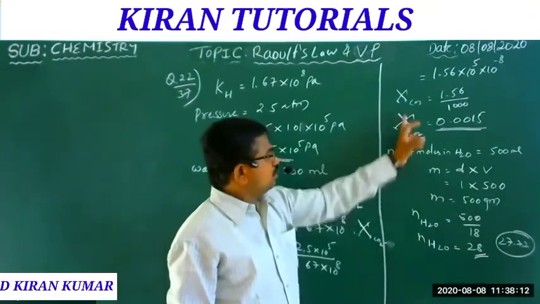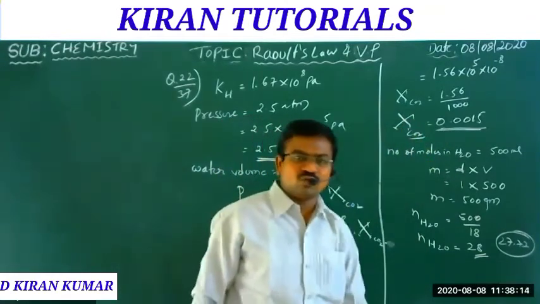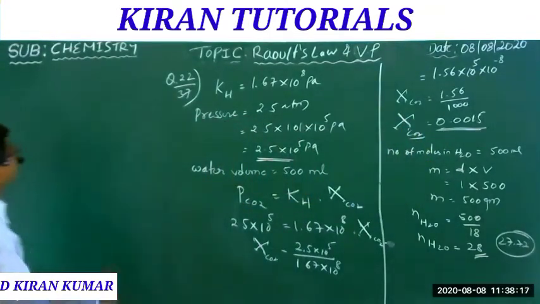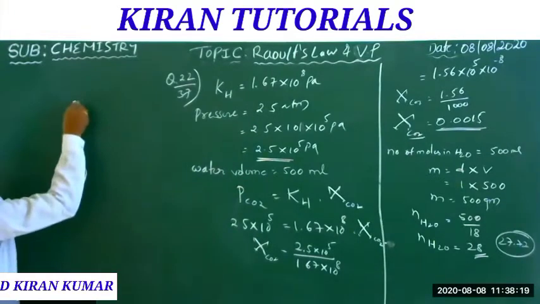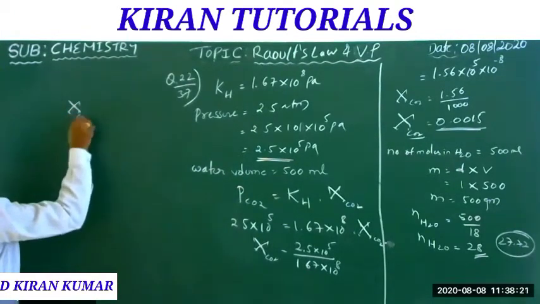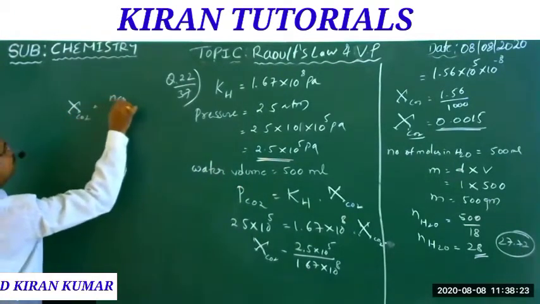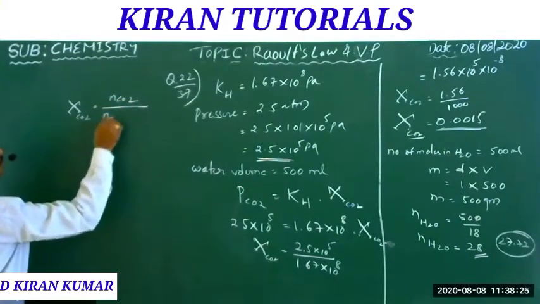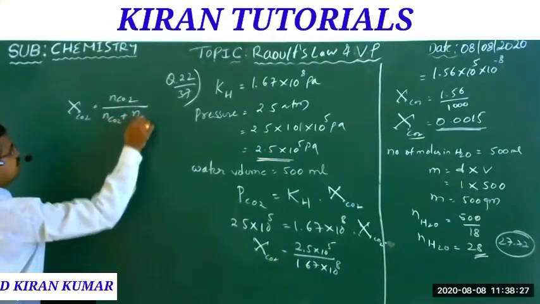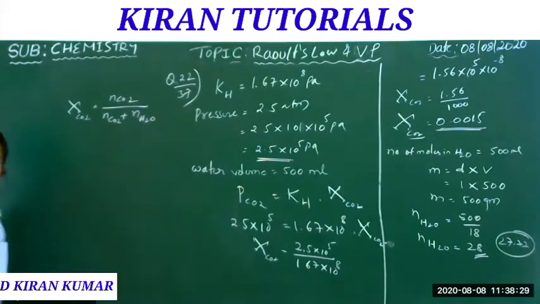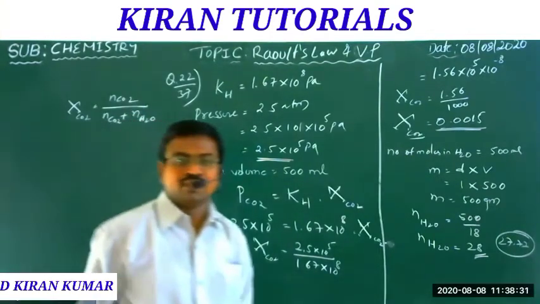So the mole fraction of carbon dioxide, what is the formula? It is the number of moles of CO2 divided by the number of moles of CO2 plus the number of moles of H2O. You know that formula.